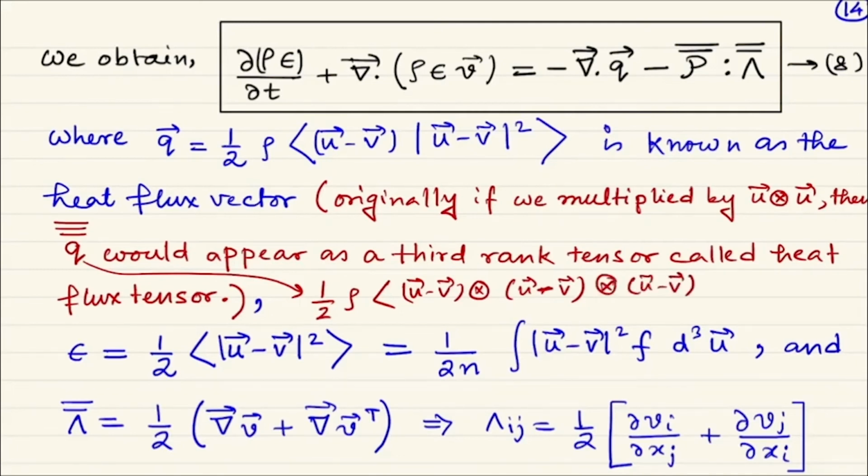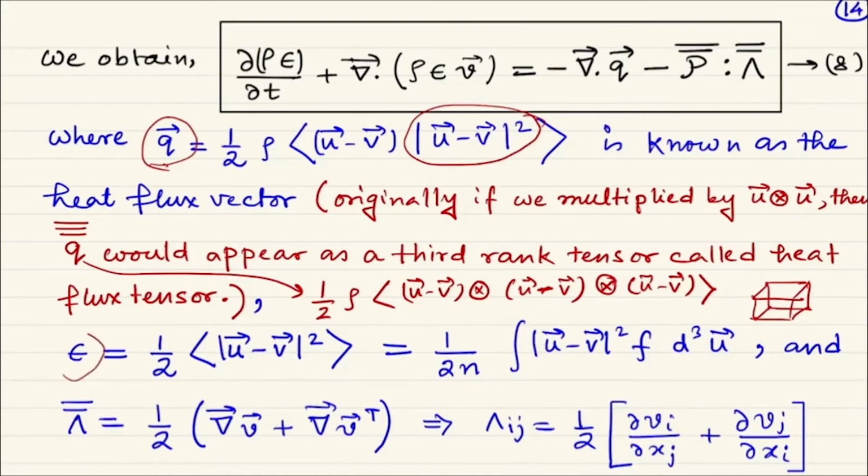It should be represented by a cubic matrix. So in 3 dimensions it will have 27 components. But we are not going into this because we are in a simplistic case where we are multiplying with this whole term, so we get a vector out of this third rank tensor.